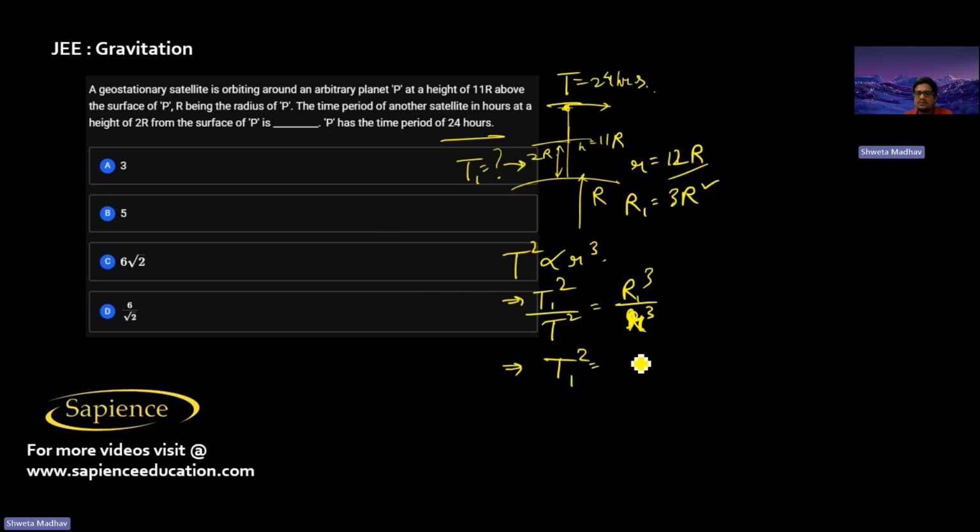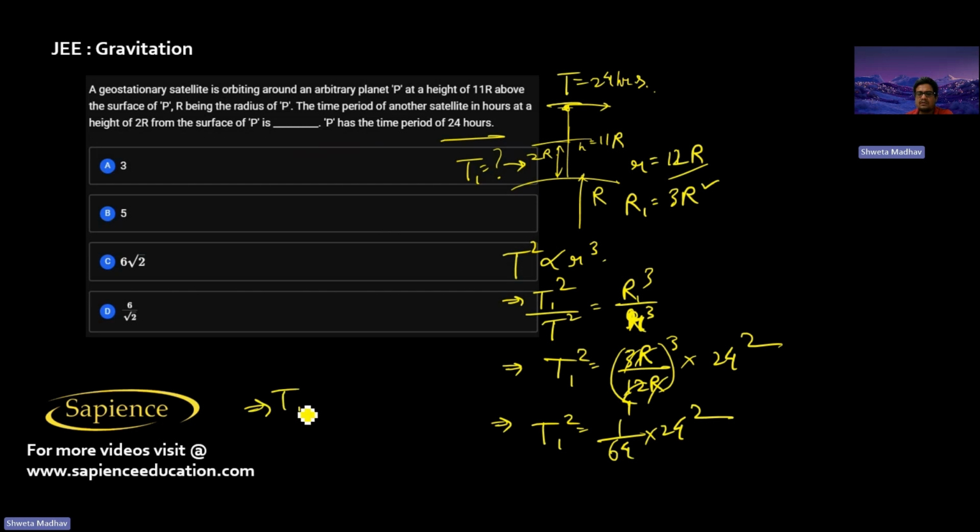Therefore T1² is equal to (3r by 12r) whole cube into T², that is 24². So T1² is equal to (1/4)³, which is 1 by 64, into 24². Therefore T1 will be equal to 24 by 8, which is 3 hours. So the time period of the other satellite, revolving at a height of 2r from the surface of the planet P, will be 3 hours. So option A is the correct answer.